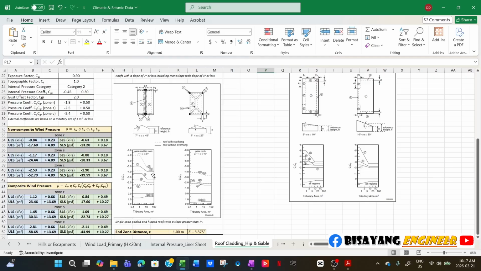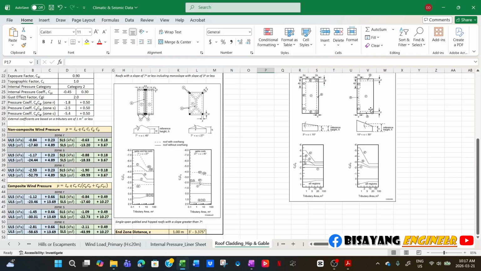So for components and cladding, the pressure coefficient, GCp, is different for components and cladding versus the main wind force resisting system.